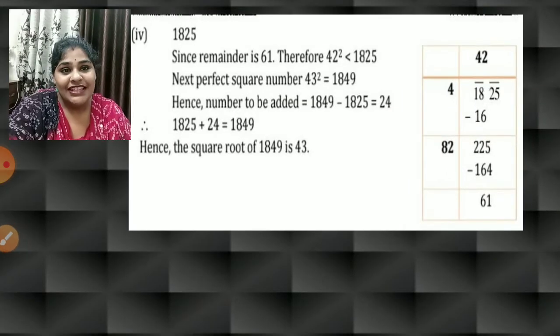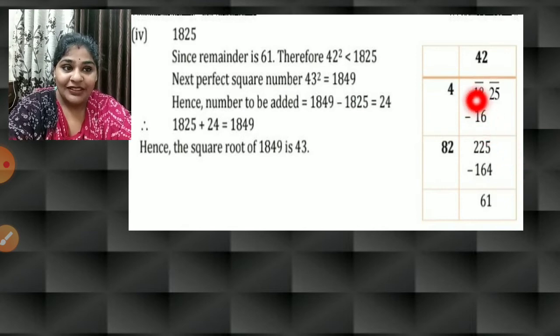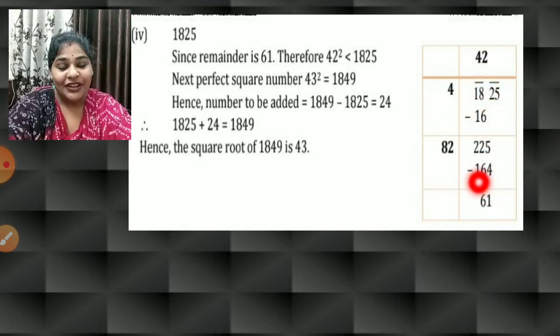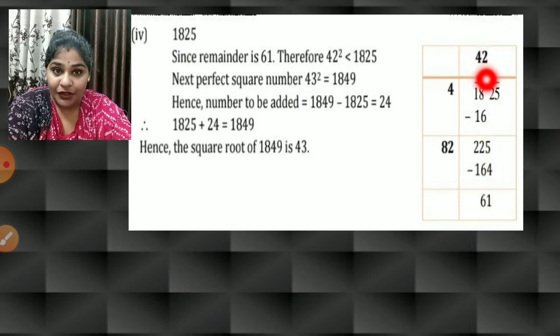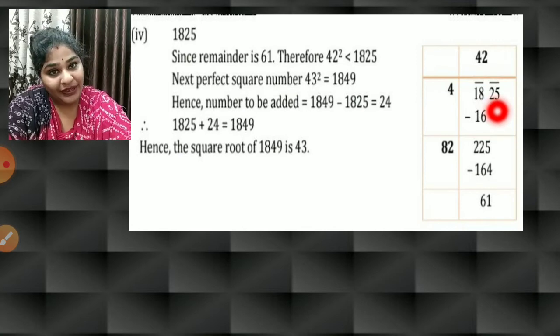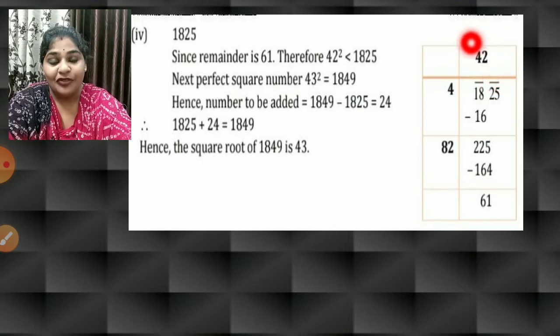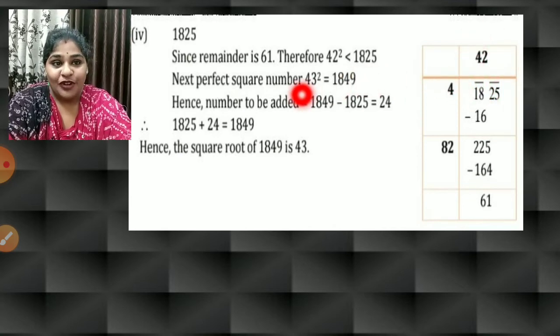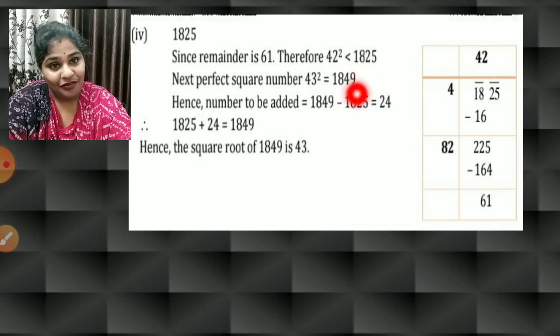The fourth one is 1825. Again the division method, which everybody knows. I will not explain this now, you practice on your own. So here the number is 42. So 42 square will obviously be less than 1825. So the next square number will be 43 square. 43 square is 1849. So you have to subtract 1825 from 1849.